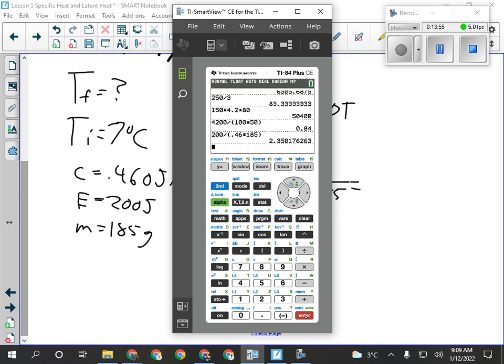Okay, so this block of iron is going to change temperature by 2.35 degrees Celsius.